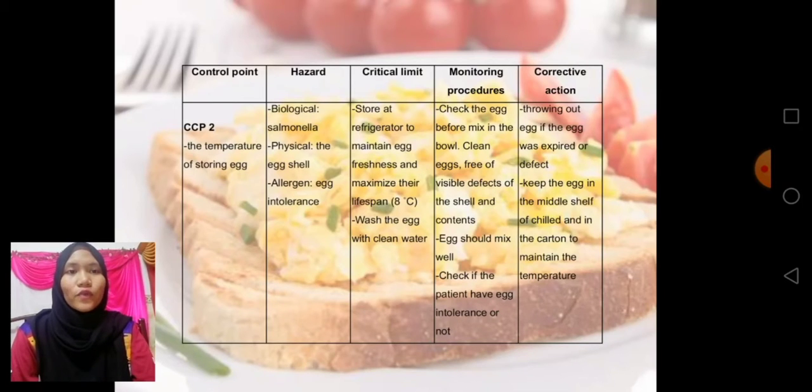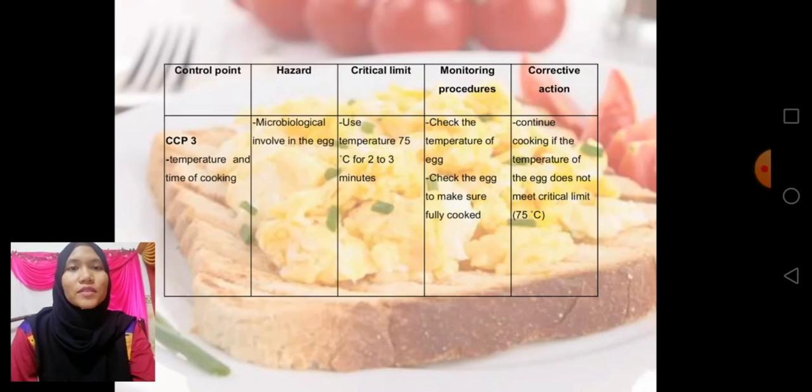Clean egg, we make sure it is free from visible defects of the shells and contents, and the egg should be mixed well. Check if the patients have intolerance or not. For the corrective actions, we throw out the egg if it is expired or defective, and keep the egg in the middle shelf of the chiller in the carton to maintain the temperature.